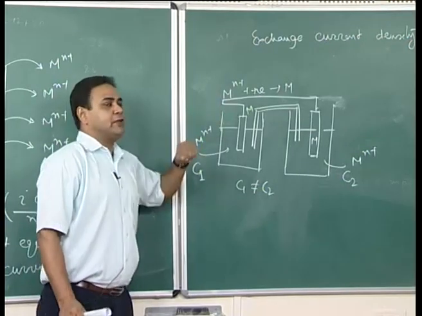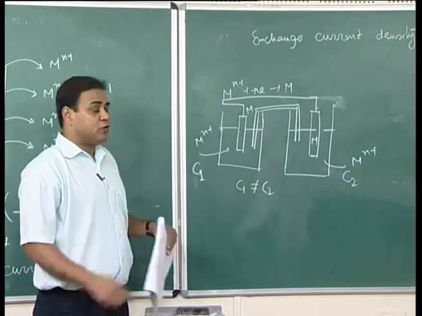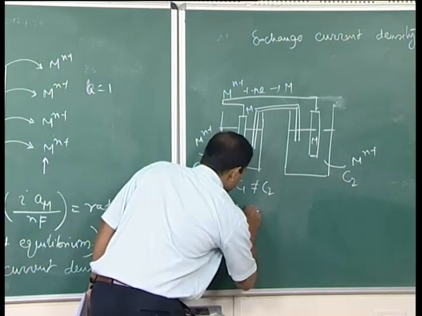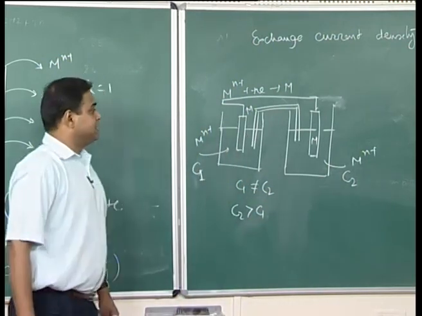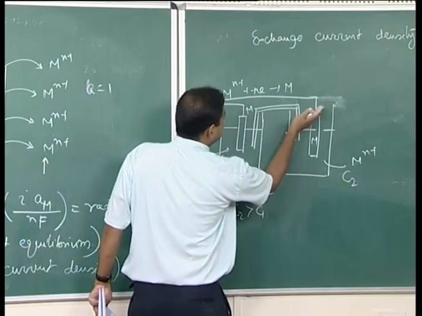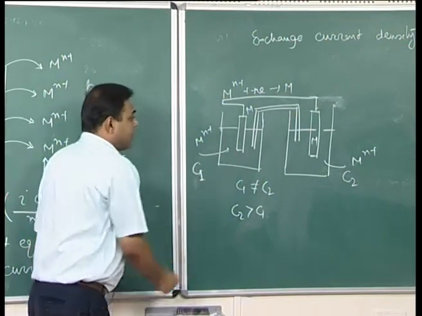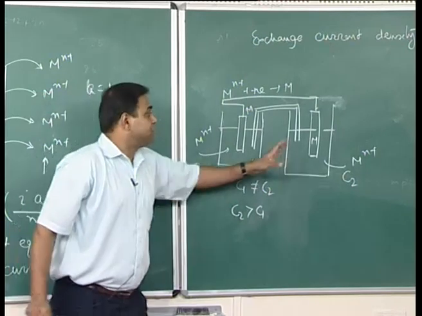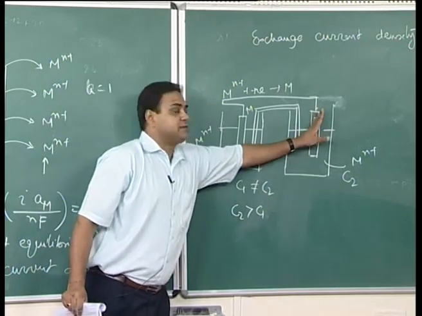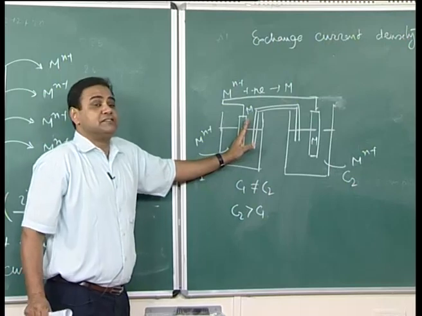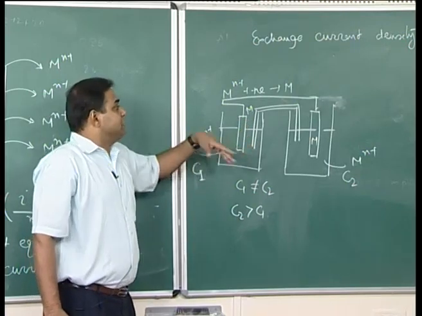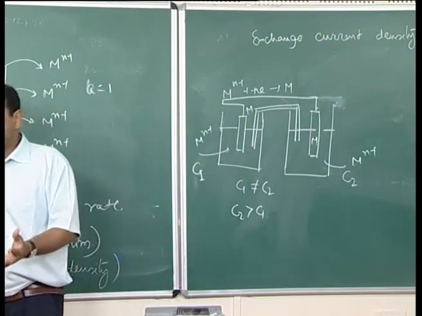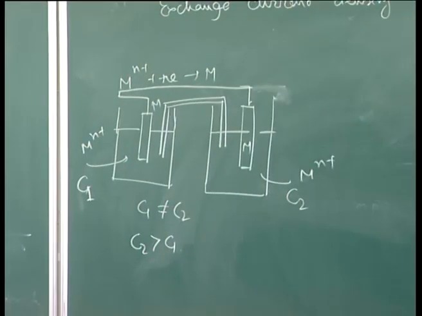You will see the current flowing, and this current will flow if C2 is greater than C1. You will see that the reduction potential at this electrode is more than the reduction potential at this electrode. So, current will flow from a higher potential to a lower potential.